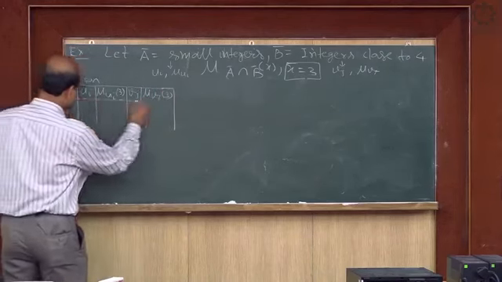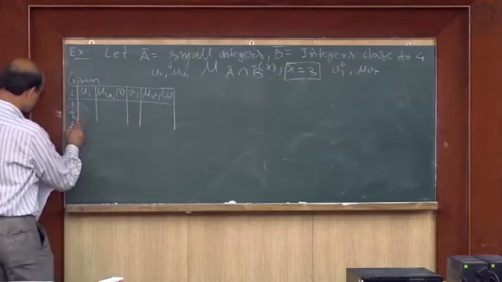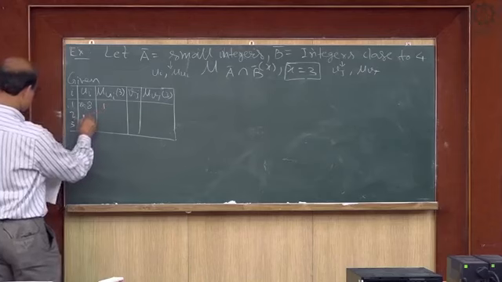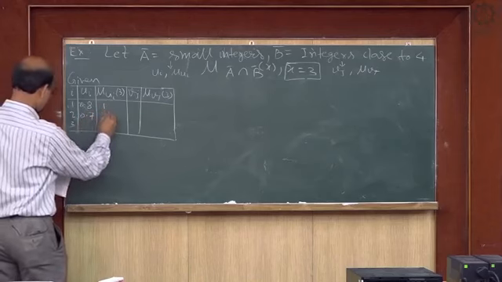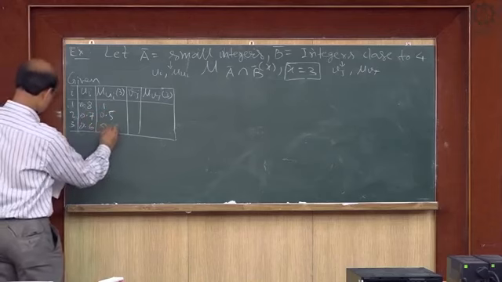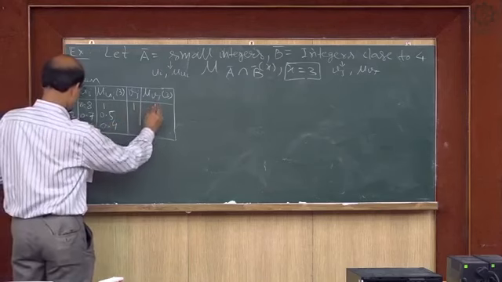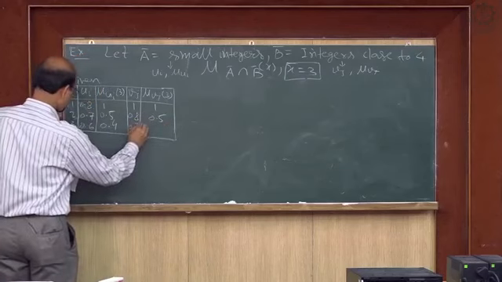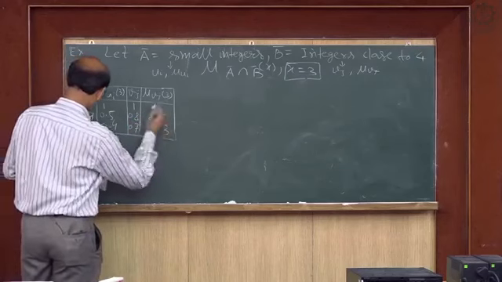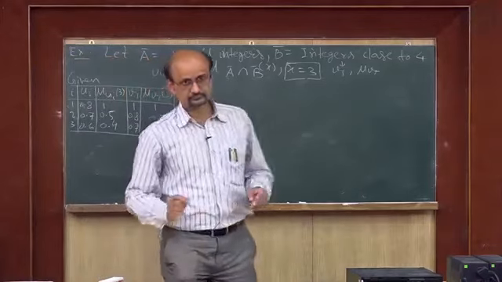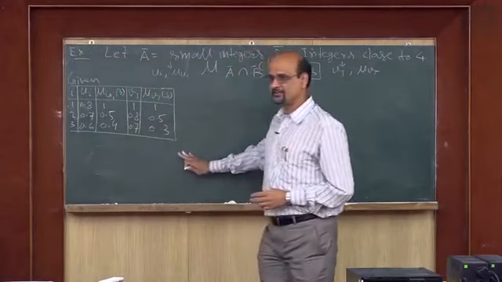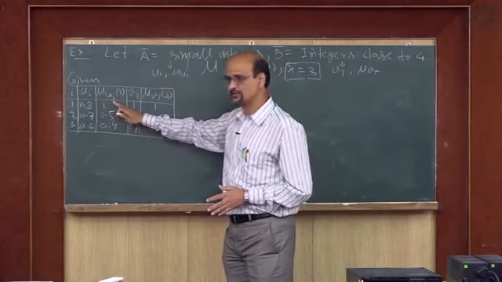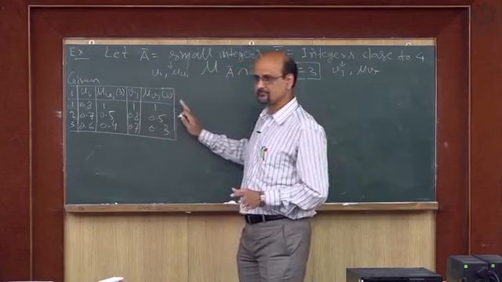These are given as 0.8, 1, 0.7, 0.5, 0.6, 0.4, 1, 1, 0.8, 0.5, 0.7. These are the given membership functions.